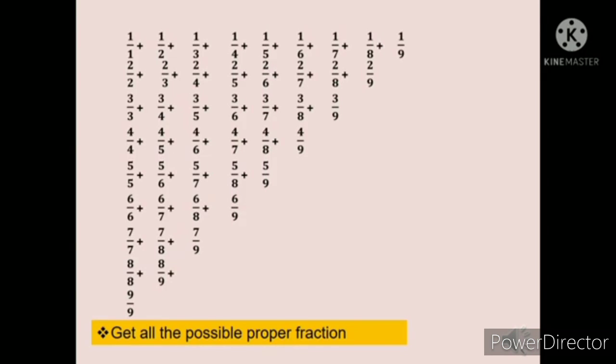So, we have 1 over 1 to 1 over 9, 2 over 2 to 2 over 9, 3 over 3 to 3 over 9, 4 over 4 to 4 over 9, 5 over 5 to 5 over 9, 6 over 6 to 6 over 9, 7 over 7 to 7 over 9, 8 over 8 to 8 over 9, and 9 over 9.